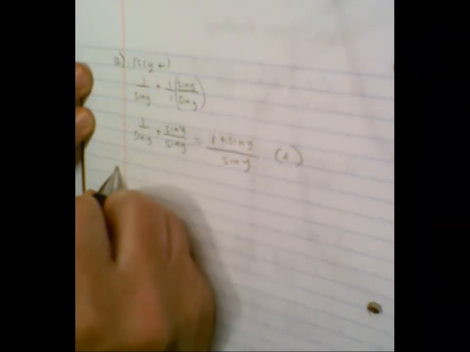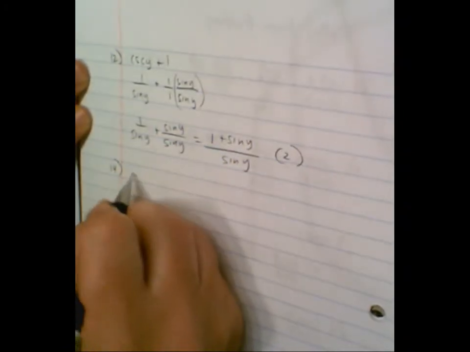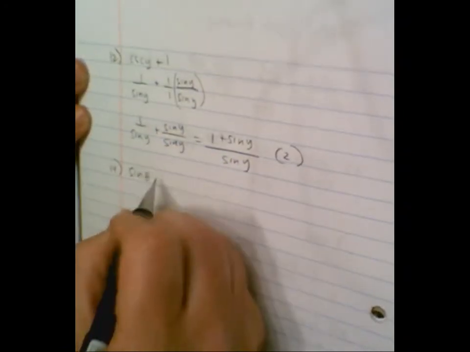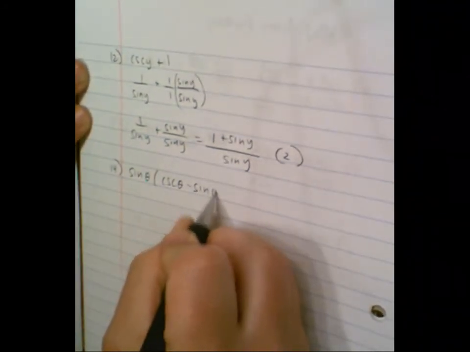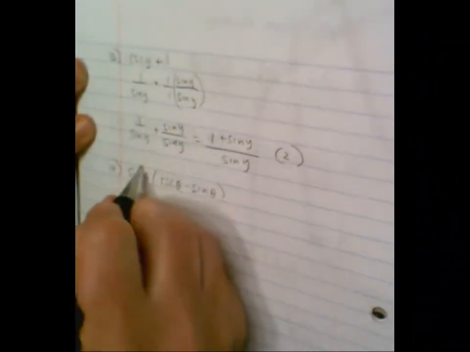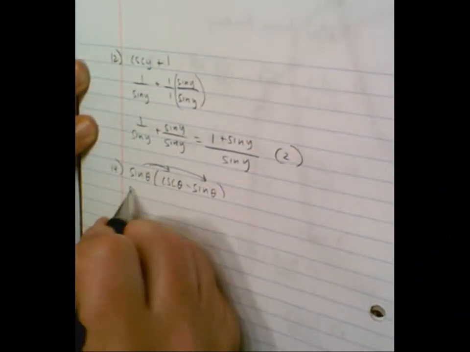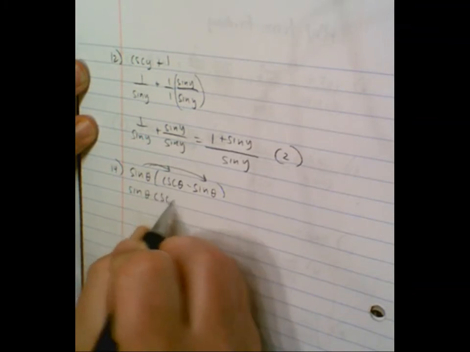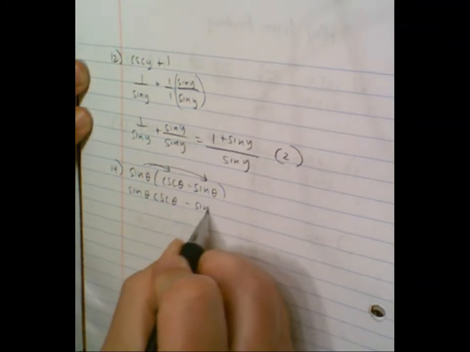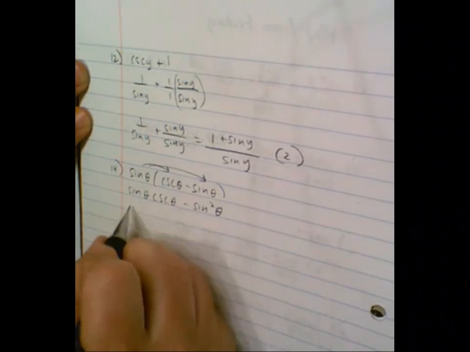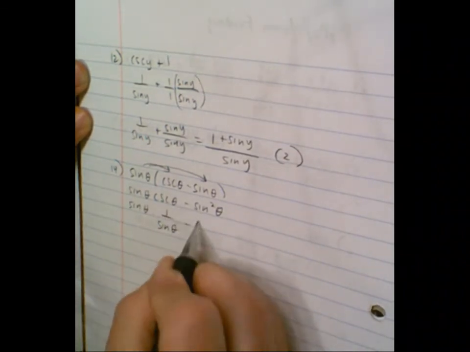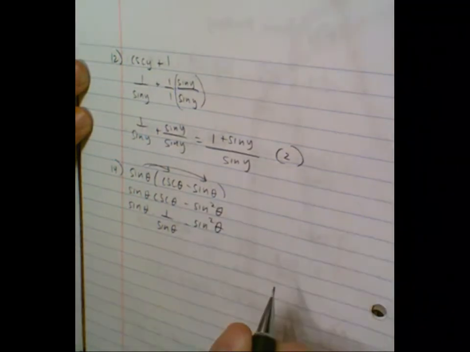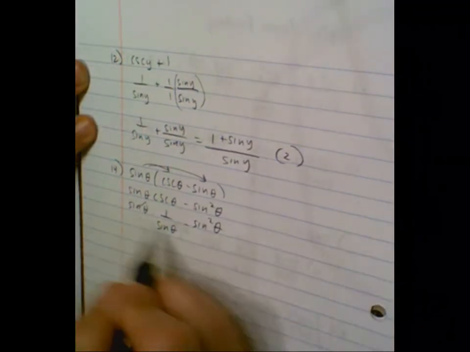Number 14, sine theta times cosecant theta minus sine theta is equivalent to which of the following? So I'm going to distribute it first. Sine theta cosecant theta minus sine squared theta. Sine theta times 1 over sine theta minus sine squared theta. The sine thetas cancel.